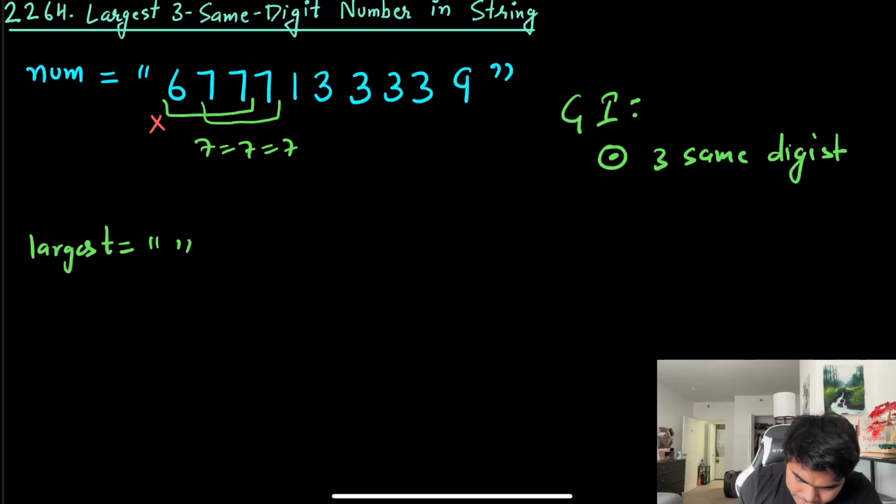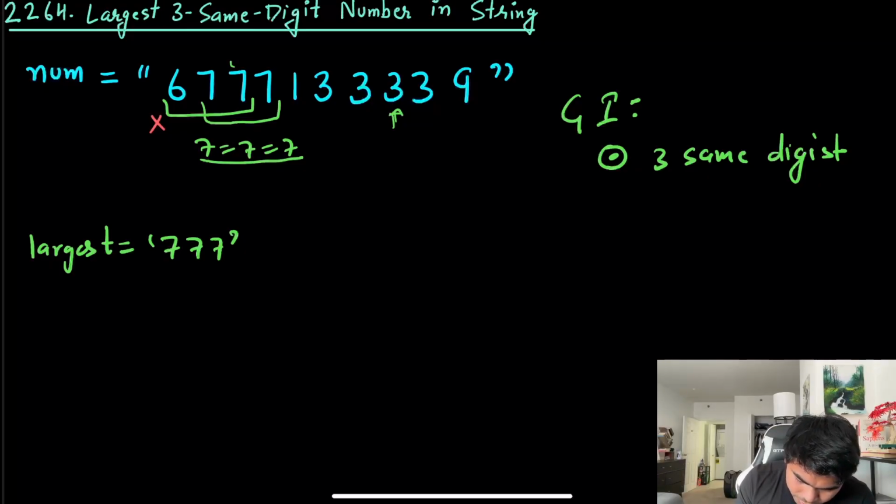I can iterate until the third last index and then check this number, the number next to it, and the number next to it. So I will update my largest with 777. I will update this with 7, 7, and 7. Then I will go next.